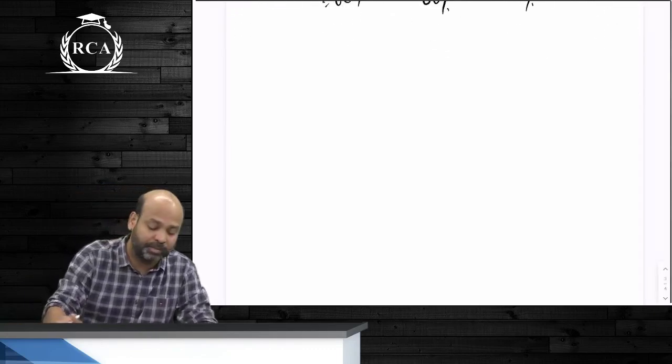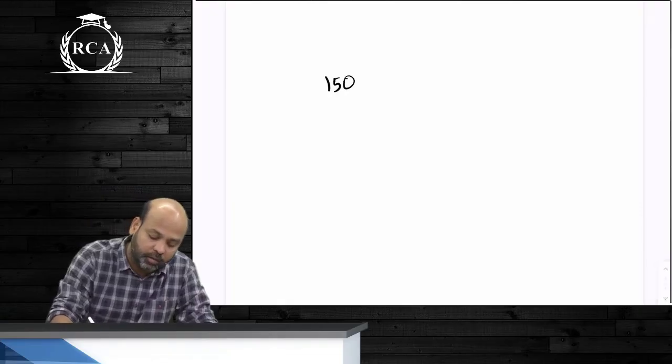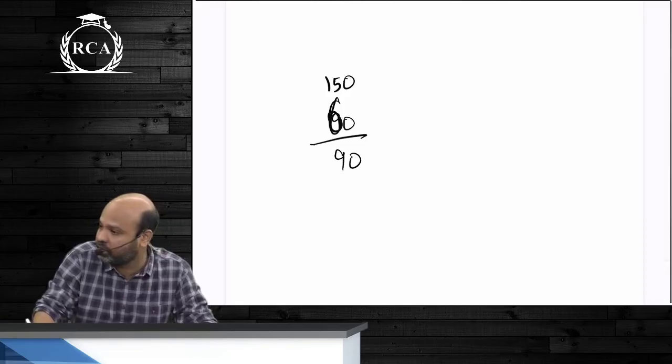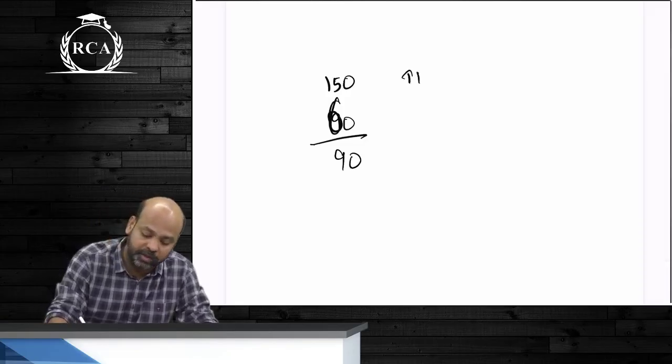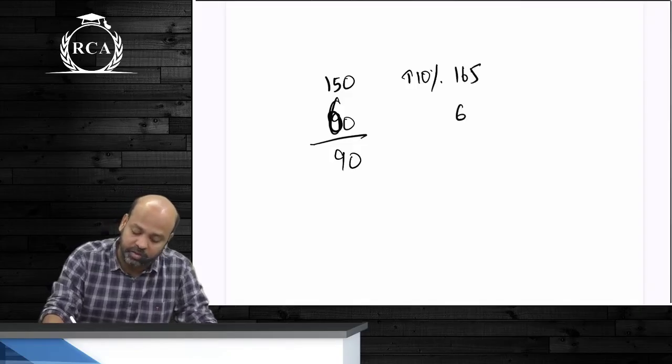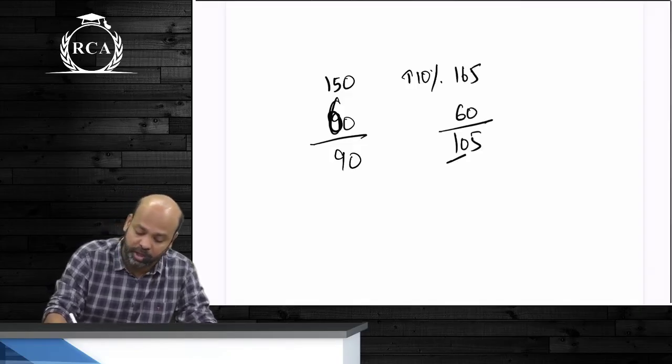Like in our example, selling price per unit was 150. This is 60. This is 90. If I increase the selling price by 10%, what will happen? This will be 165. This will remain at 60 rupees. This will become 105.